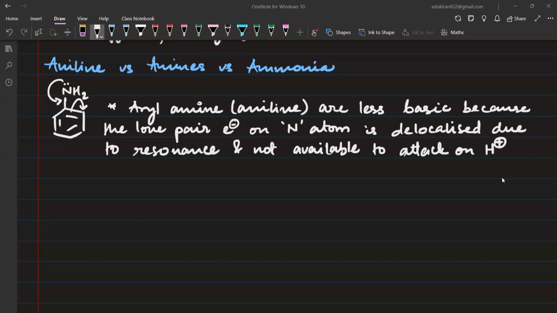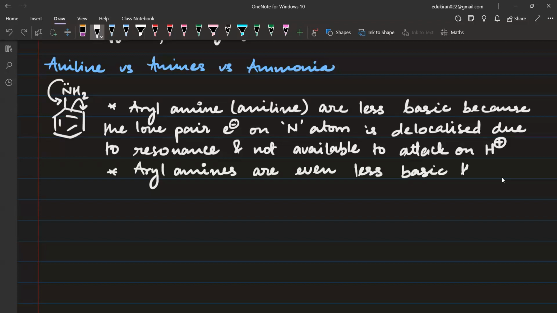Right, next aryl amines are even less basic than ammonia.